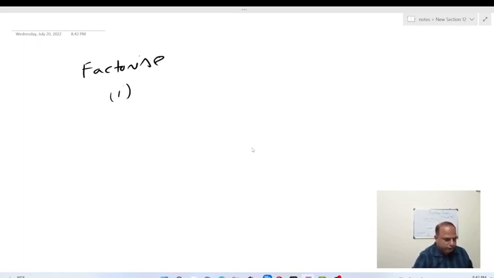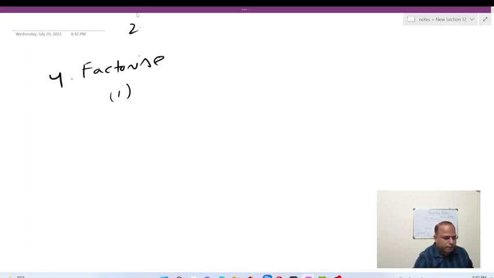This is question number 4, exercise 2.4, polynomials. Okay. So question number 1. What is the question? 12x squared minus 7x plus 1. You have to factorize by splitting the middle term.